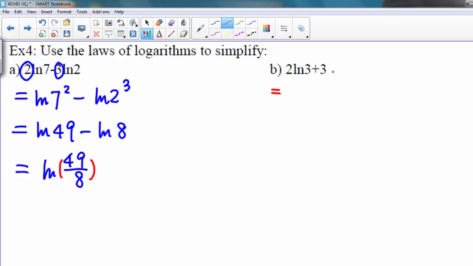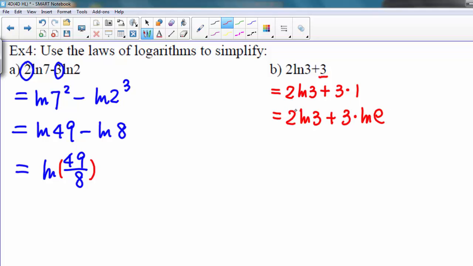2 log 3 plus 3. If I want to combine these two logs together, I need to change this 3 to a base e log, which is ln. So we know how to change a constant to a log with any base. So I will change this 3 to 3 times 1. And this number 1, in this case, with the base e log, is just ln e.